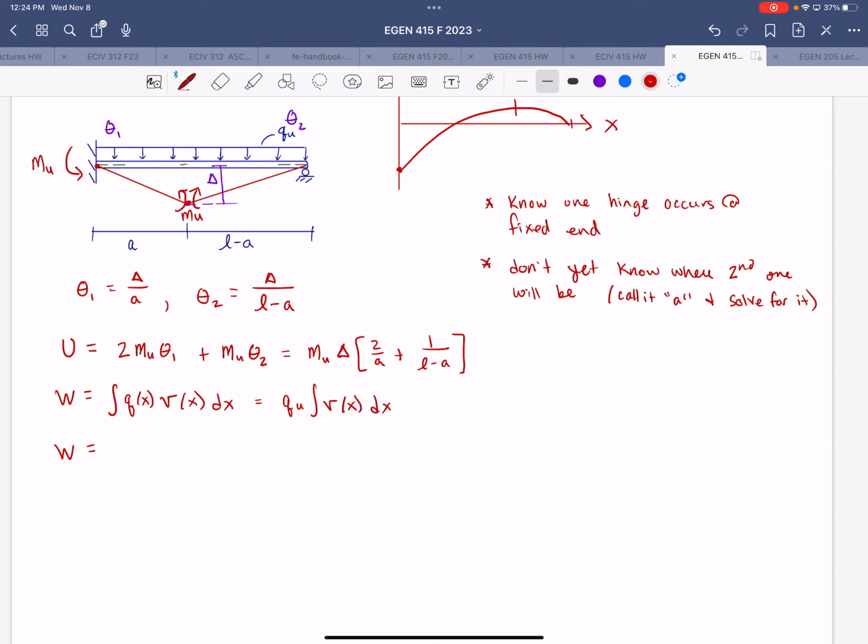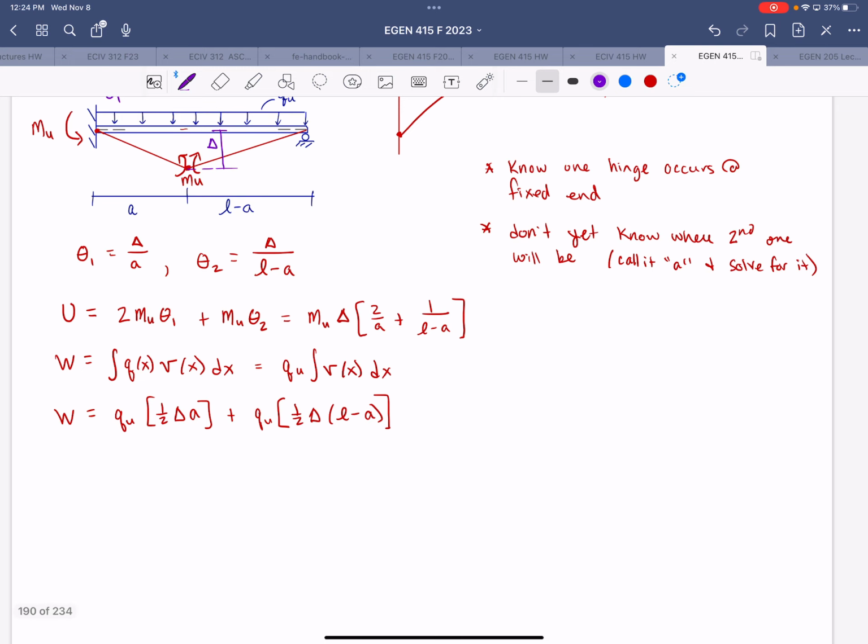So we have QU times 1/2 delta A from the first segment, and then from the second segment, QU times 1/2 delta times L minus A.